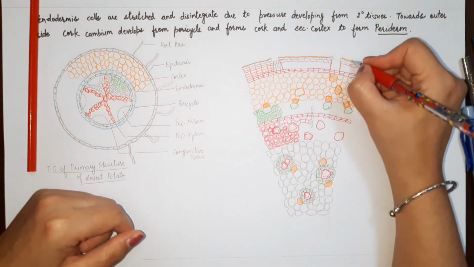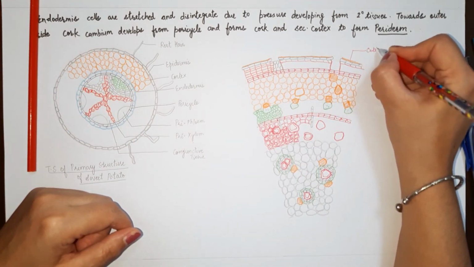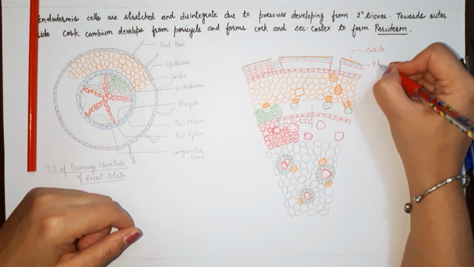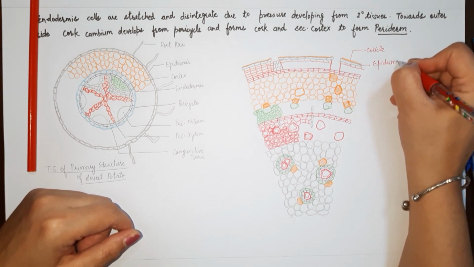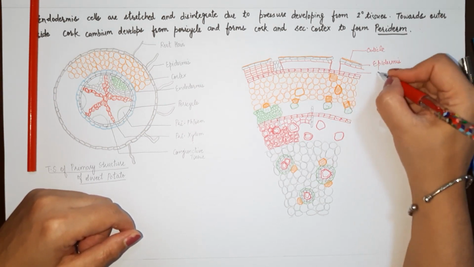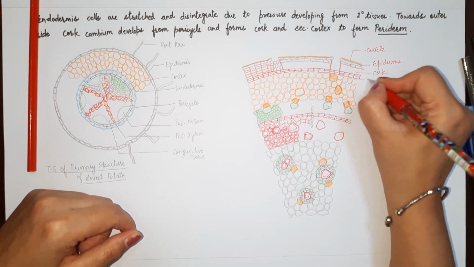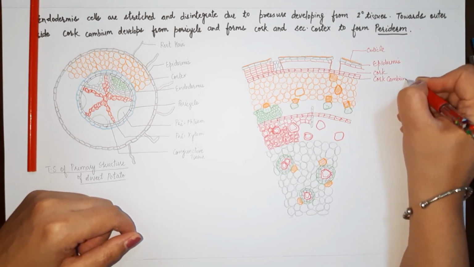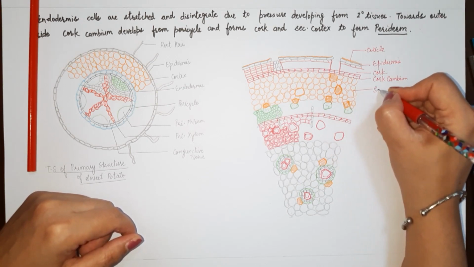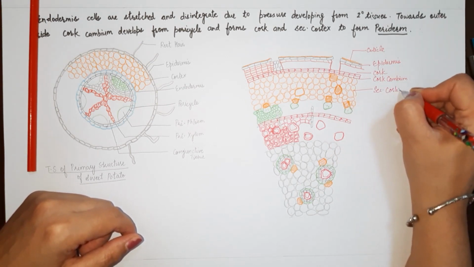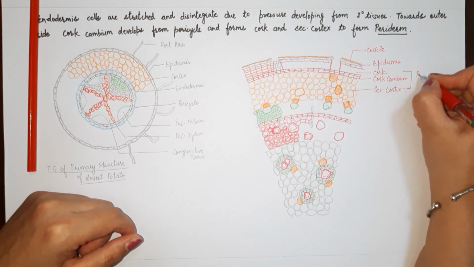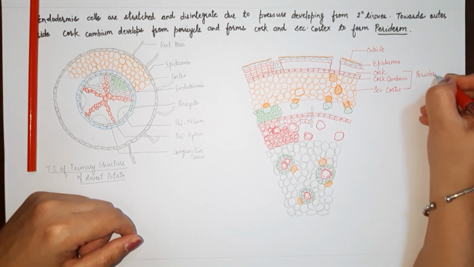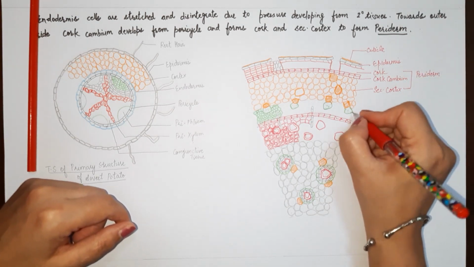So the labeling part: cuticle, epidermis, cork, cork cambium, secondary cortex. These three comprise periderm. The cork cambium arises from pericycle.